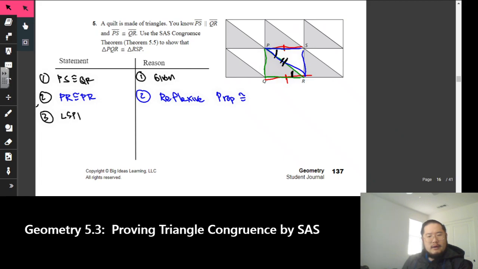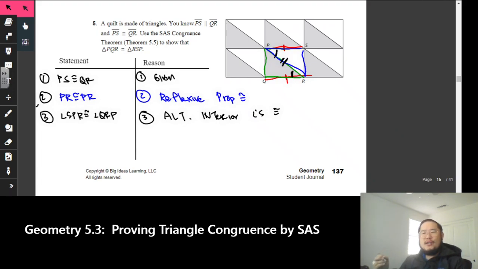And why would that be? Hopefully, you remember, we have ourselves an alternate interior angles congruence. So remember, everything that we've learned from chapters 1, 2, 3, 4, you are seeing that we are using it again to help us put all this together.